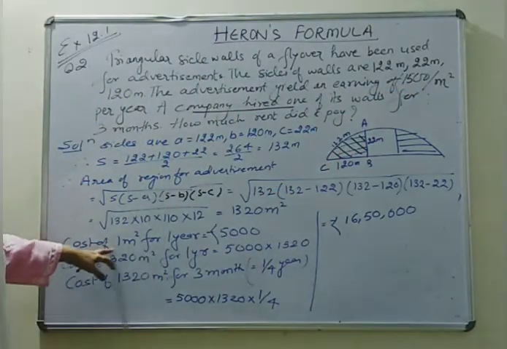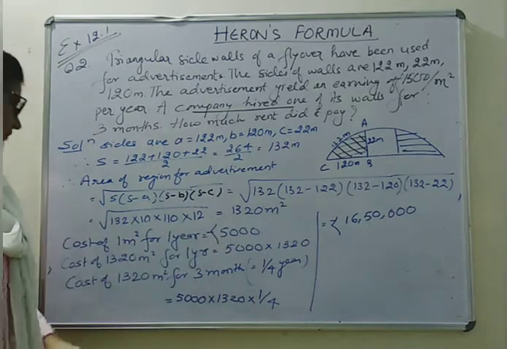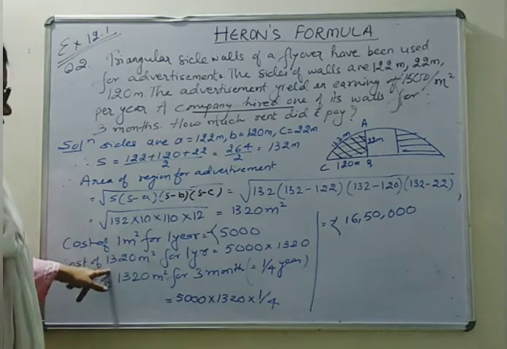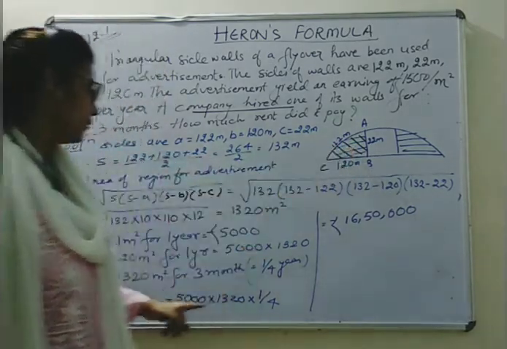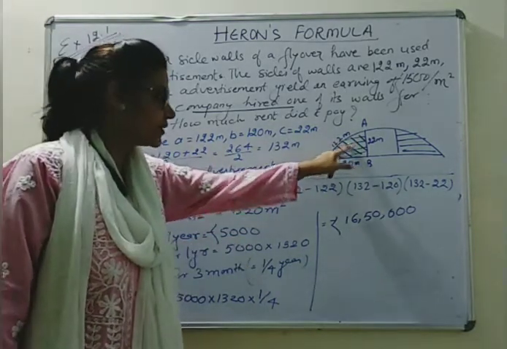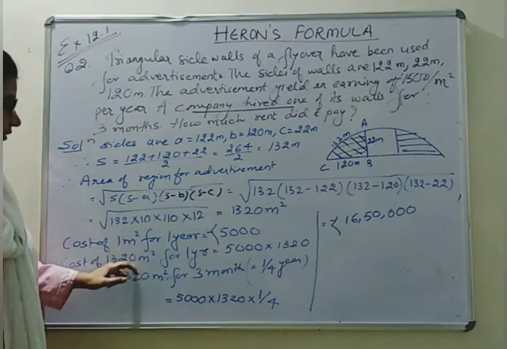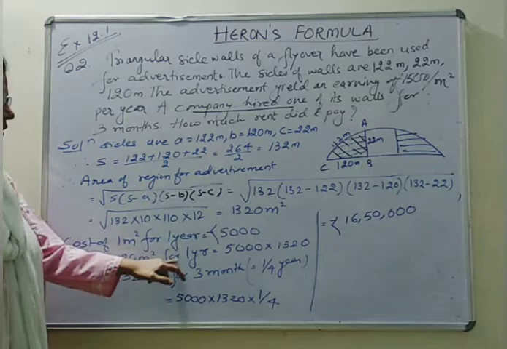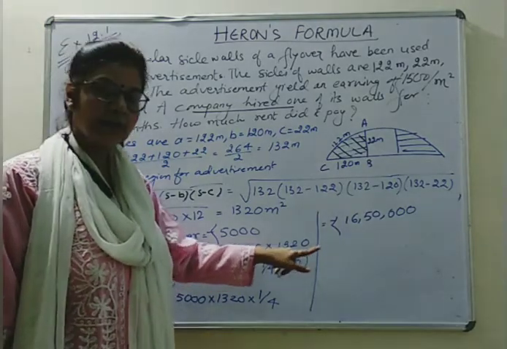It means the cost of 1 meter square for 1 year is rupees 1,500. So what is the total cost for this area? The area is 1320. So the cost of 1320 meter square for 1 year will be 1,500 into 1320.